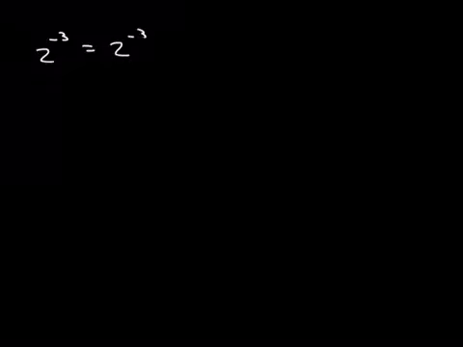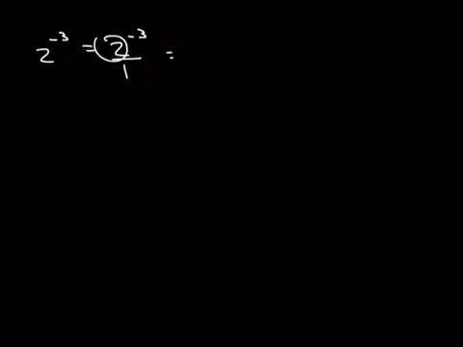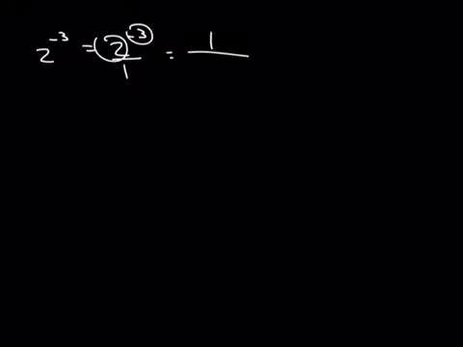So let's try example 1. Let's look at 2 to the negative third. Okay, let's just write this as a fraction. And then that tells me that the 2 and the 3 are in the wrong place. So I'm going to put them in the right place. Now remember, what we did not do, we did not take this 1 and move it up. It's just when we move this down, we can't have nothing on top.